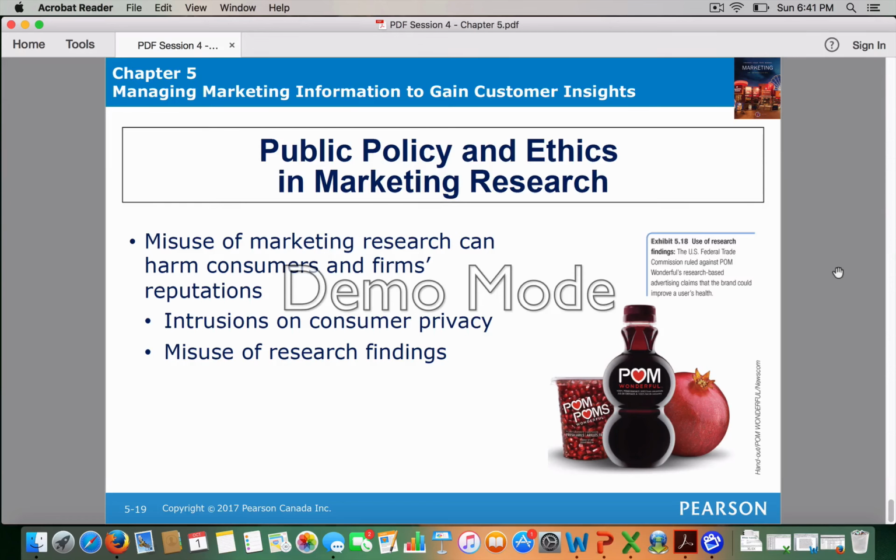Things like data breaches, we hear about that quite often now in the news, where a company's computer system has been hacked and customer information has been compromised. So when that happens, customers get very upset because ultimately we don't want our information in the hands of people who might use it for more negative purposes.